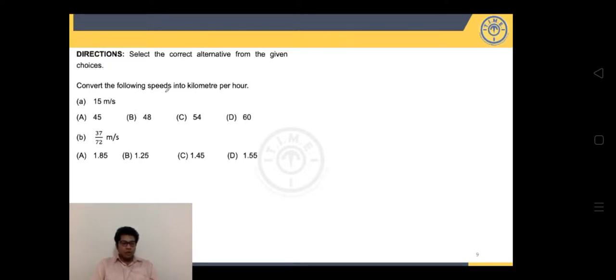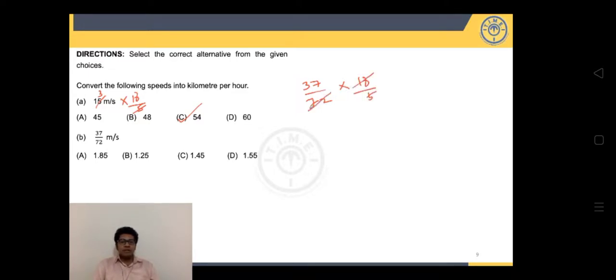To kilometers, which is the higher unit, I should multiply by 18 by 5. If I cancel 5, I'll have 3, so 3 times 18 is nothing but 54. Similarly, the second question has 37 by 72, so 37 divided by 72 meters per second to kilometers per hour, into 18 by 5.